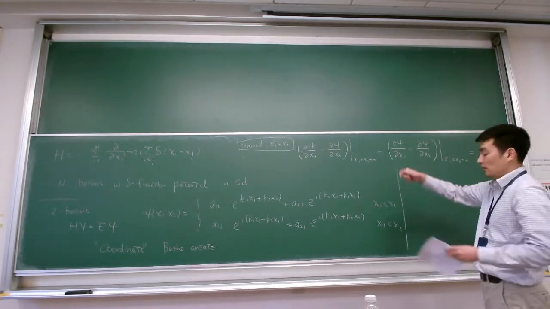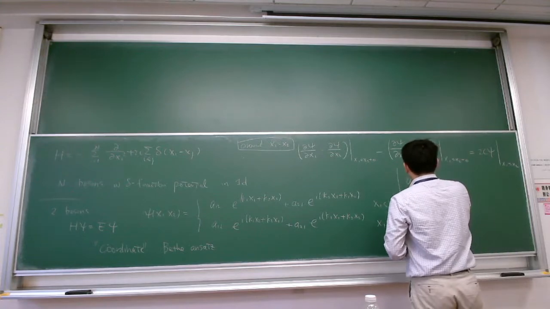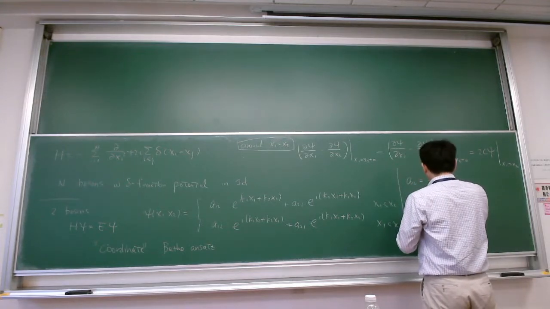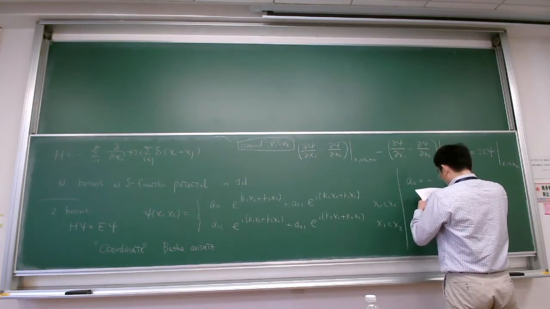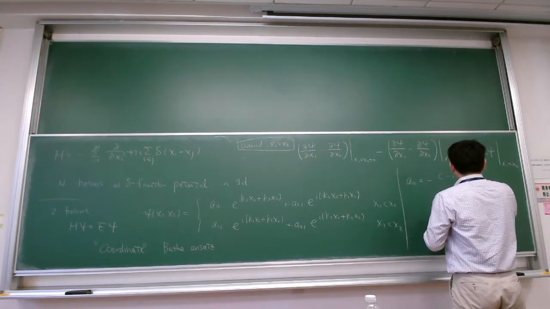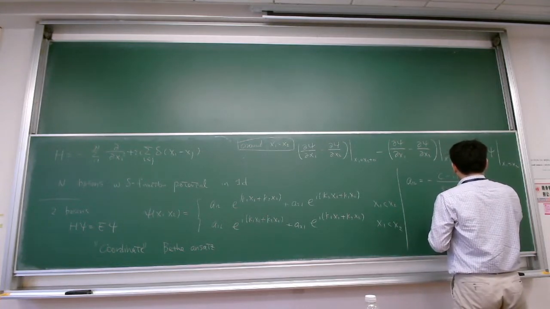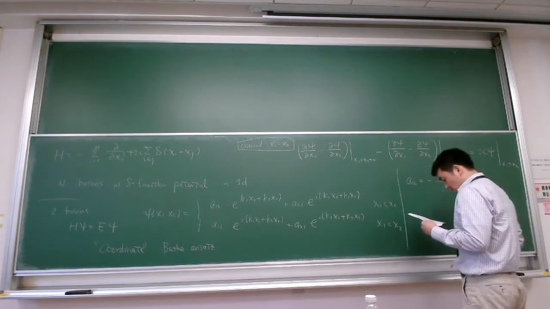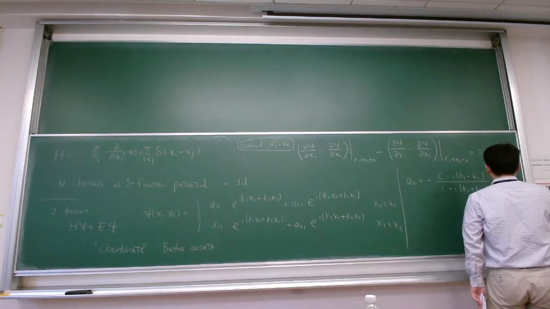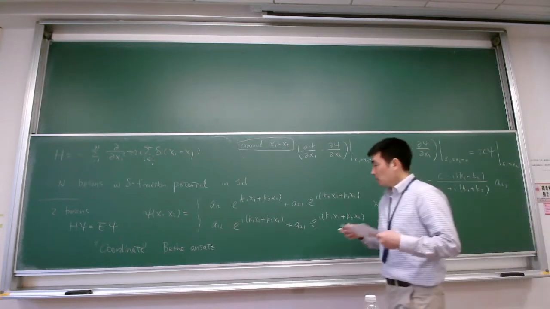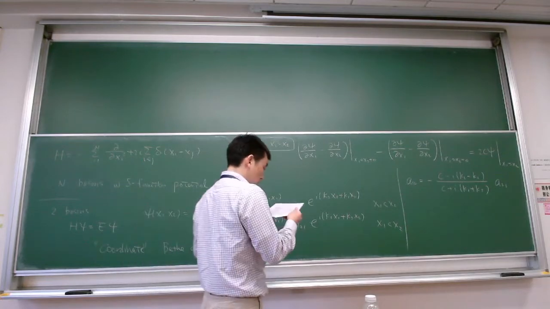Plug this one into here, and what we get is A12 equal to minus C plus i (k1 plus k2). I will write it a bit differently from last time. Just plug this into here, and you can show this is the case.